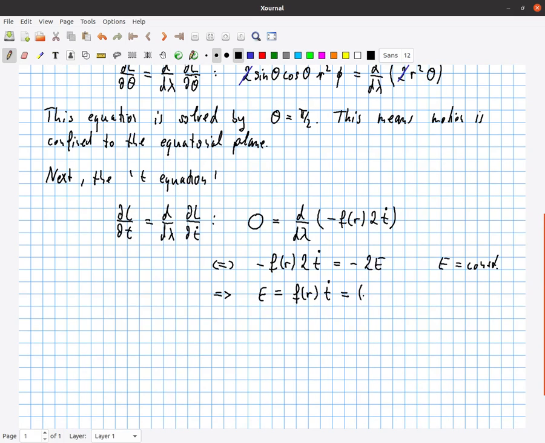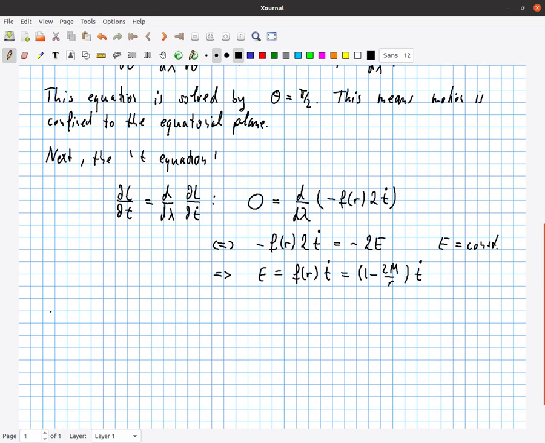So we get here 1 minus 2m over r times t dot. Why is this expected?